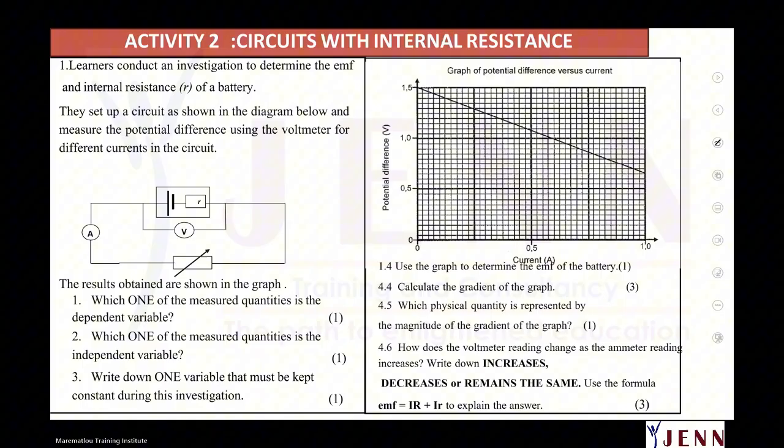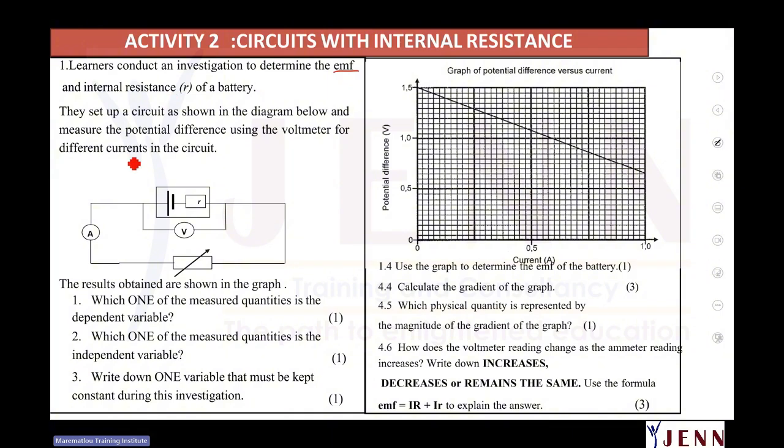Now, if you look at this investigation, it says, let us conduct an investigation to determine the EMF and the internal resistance of a battery. So they are looking for 2 things: EMF and internal resistance of a battery. They set up the circuit diagram below as shown, and measure potential difference using a voltmeter for different currents.